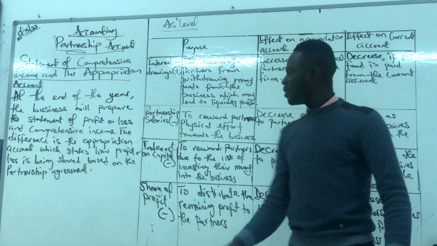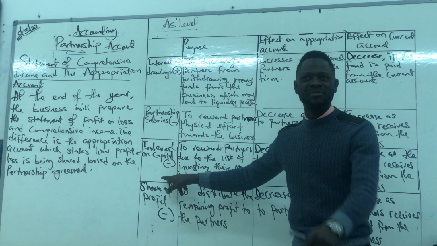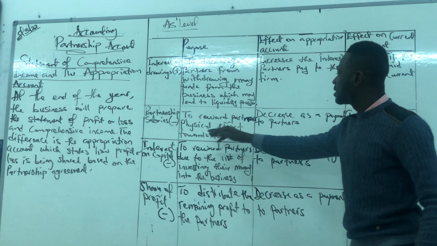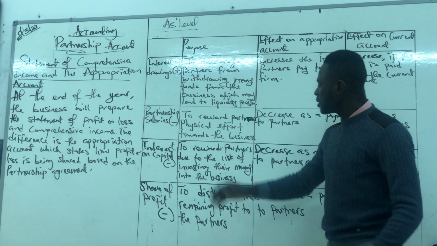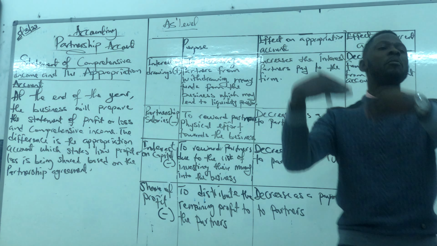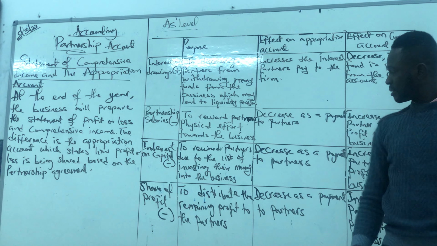Do you get it? So it's taking money from the business. That's why it's negative. So what is the purpose? The purpose is to reward partners for taking the risk to put so much money into the business.